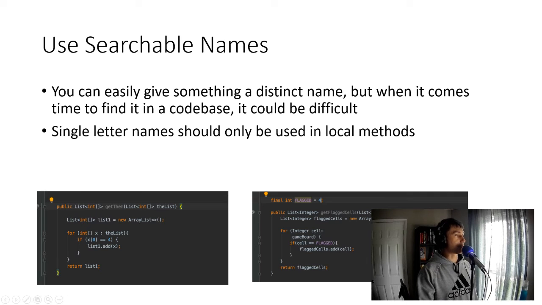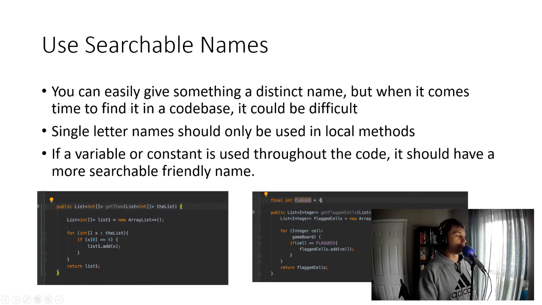Again, single letter names should only be used in local methods. So when you're looping, especially in for loops, you have the initializer int i equals 0. That's totally cool. But for something like, on the right-hand side, final int i equals 4, it's probably better to use a more distinct name, which is why we used flagged.